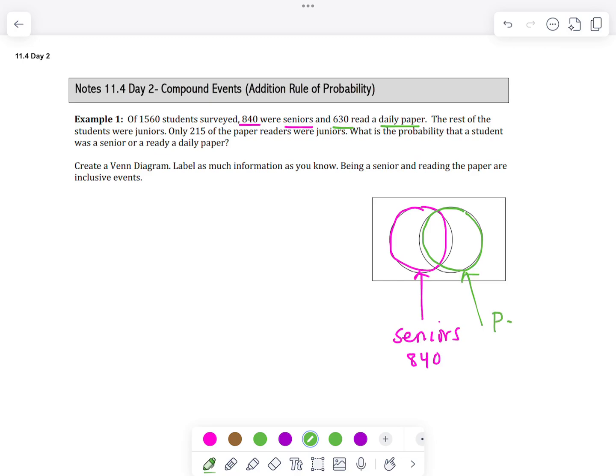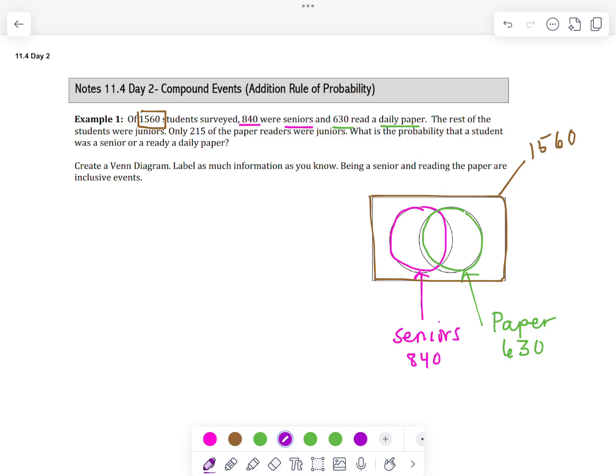So they read the paper, and that circle adds up to 630. The entire Venn diagram is going to be all the students that were surveyed, and that total has to be 1,560.